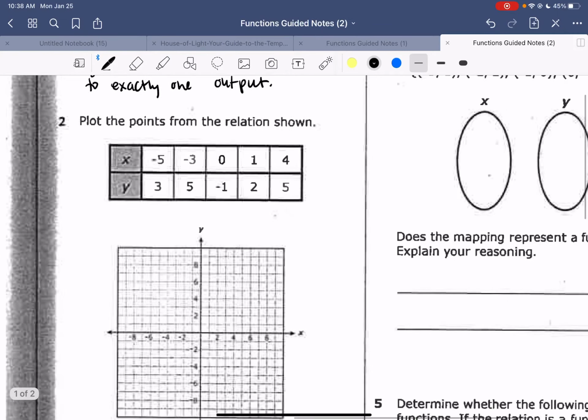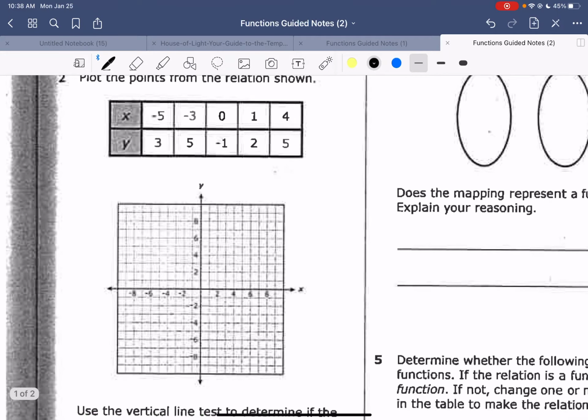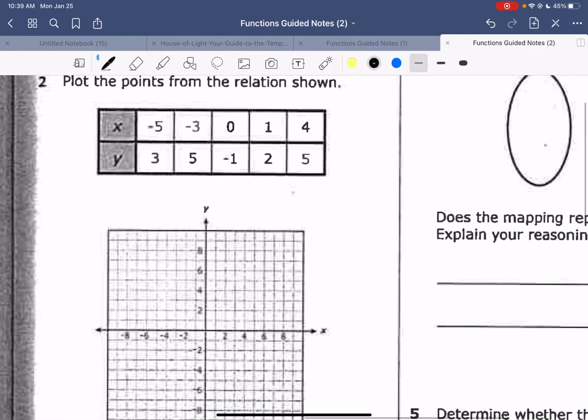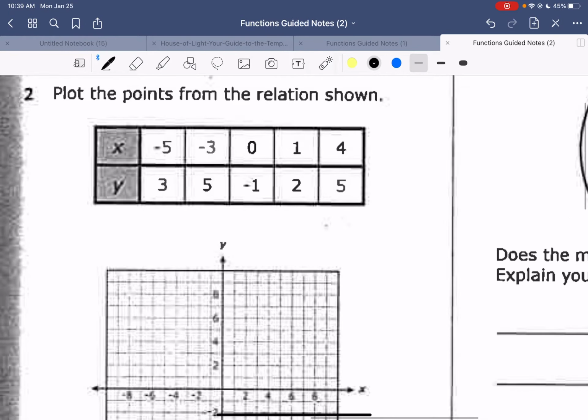Okay, now it says to plot the points from the relation shown. So let's go ahead and maybe zoom in a little bit. So our first plot is -5, 3. So we're going to start at the origin and go 1, 2, 3, 4, 5, and up 1, 2, 3. So that's going to take us here.